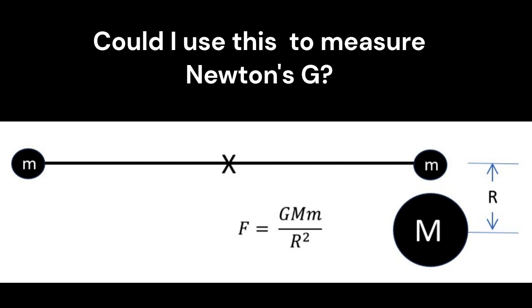If I could measure the angle of deflection, then I would be able to compute the amount of force, and knowing the masses and the distance, I'd be able to compute Newton's G.